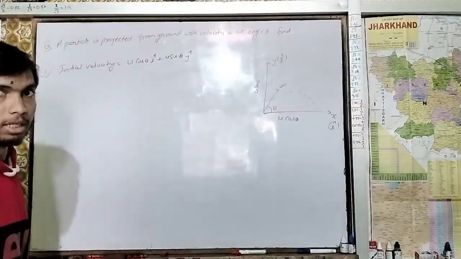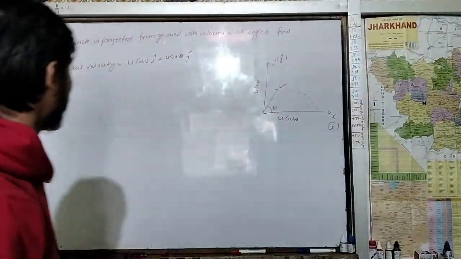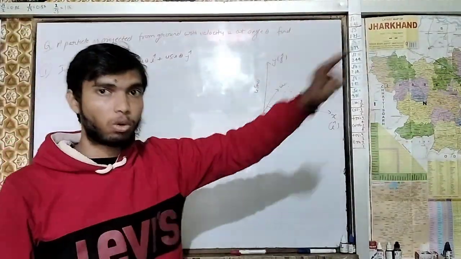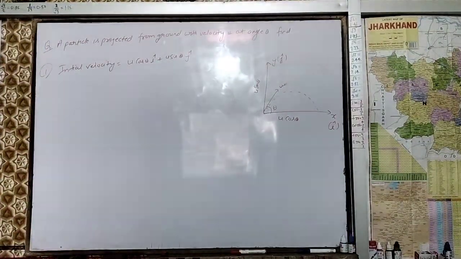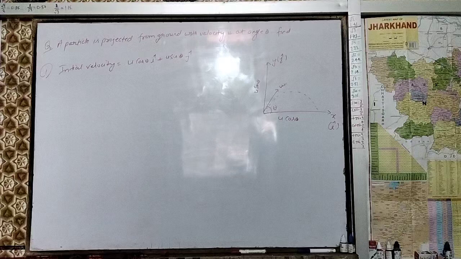I cap and j cap are for direction. We are saying that u cos theta is along the x axis and u sin theta is along the y axis. That is how we are communicating with this type of equation.